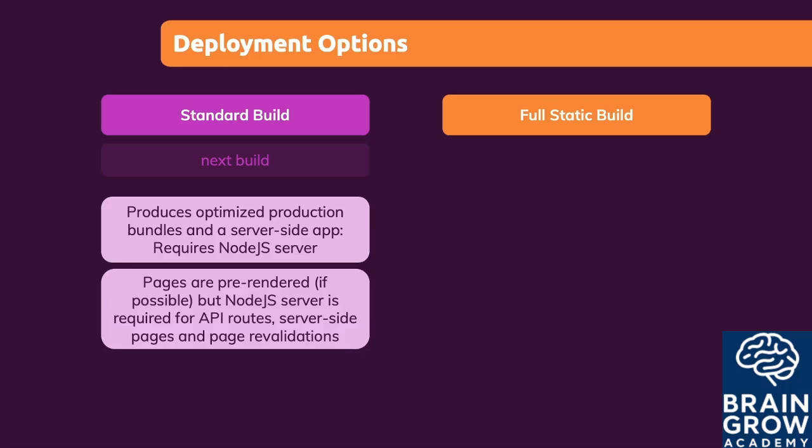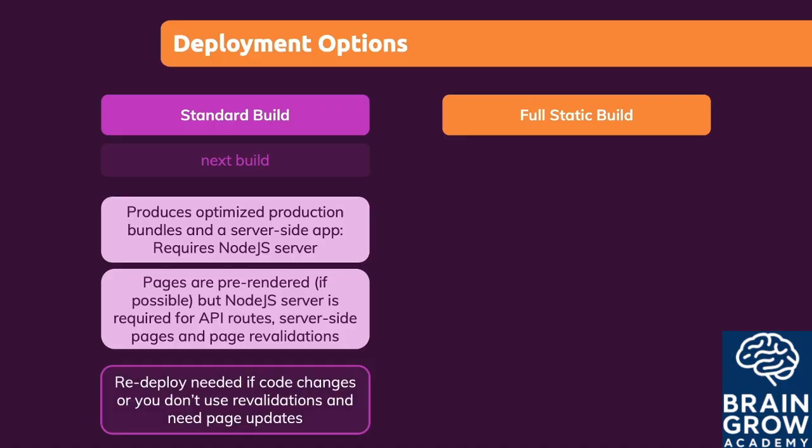Now, when deploying a site, an application, you also typically need to redeploy from time to time. And when doing a standard build, you need to redeploy whenever your code changes, of course, because you want your latest code to be in effect in production.